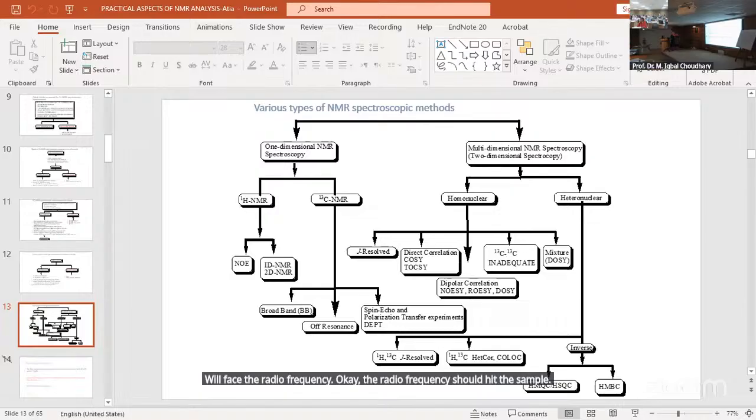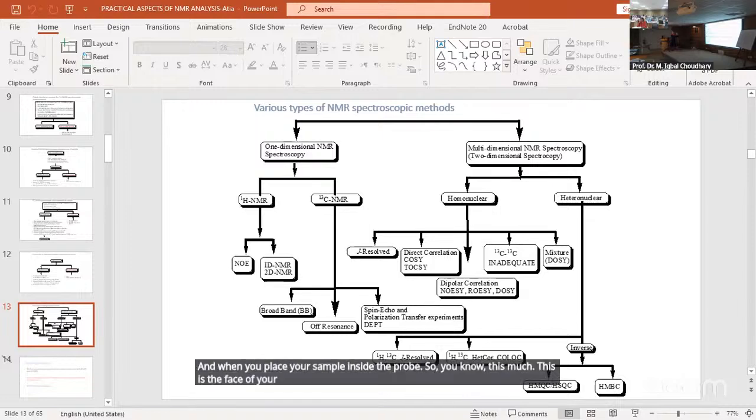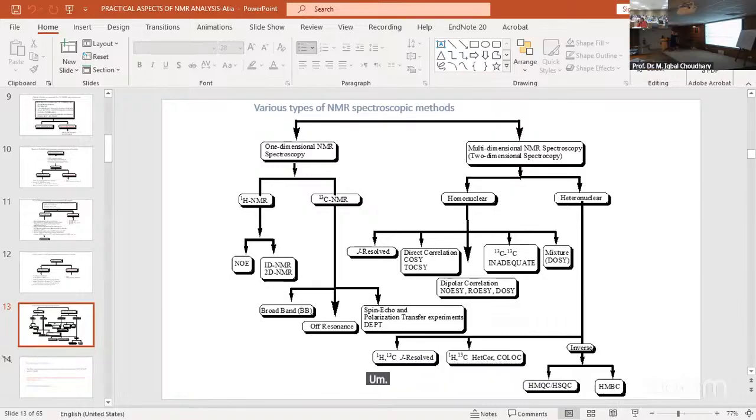And when you place your sample inside the probe, this much is the face of your NMR tube that is actually exposed to the radio frequency. So that much simple. Thus the solvent below this and the solvent above this, even if you fill up the tube, has no effect.